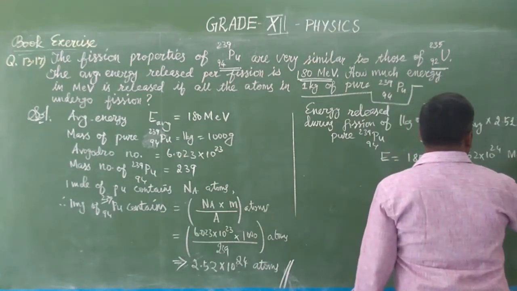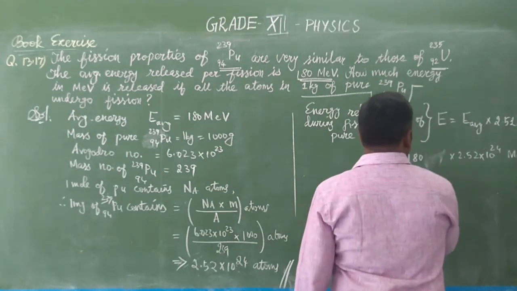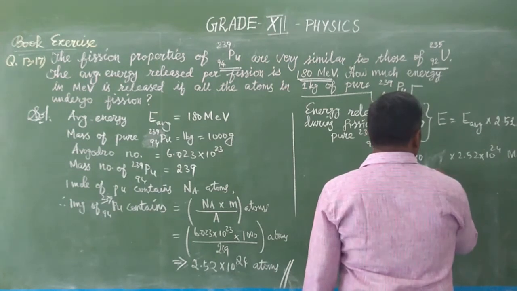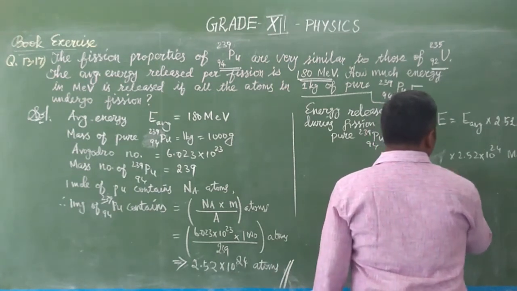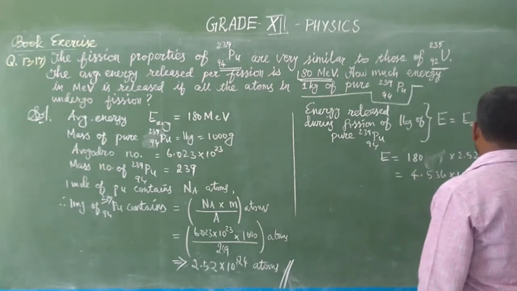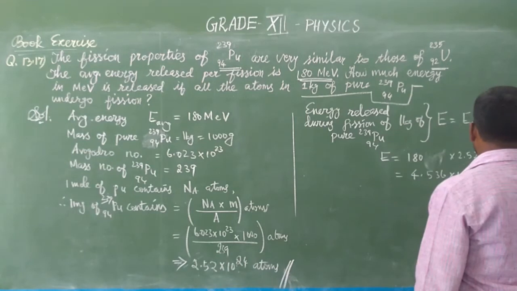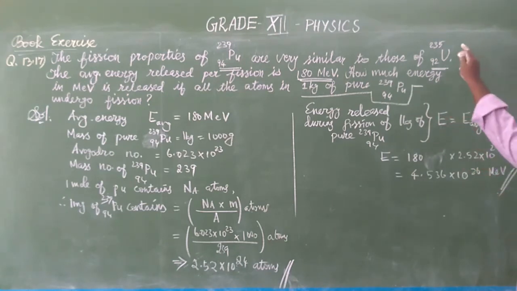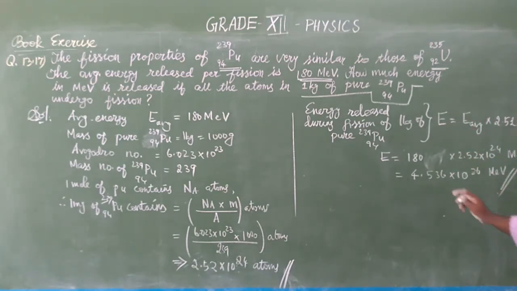So finally, after the multiplication of these two, we got 4.536 into 10 to the power 26 mega electron volt. So by using 1 kilogram of pure plutonium completely in a fission reaction, like a uranium involved in a fission, the energy released will be 4.536 into 10 to the power 26 mega electron volt.